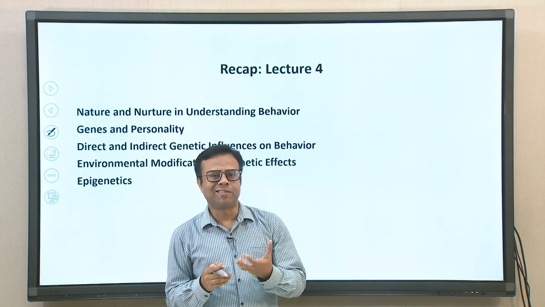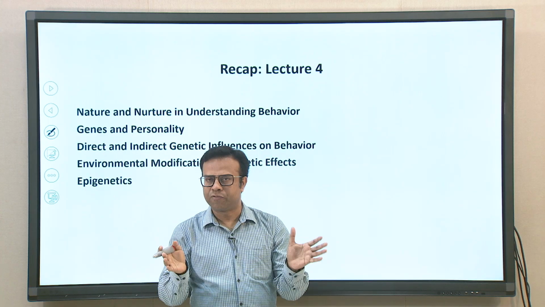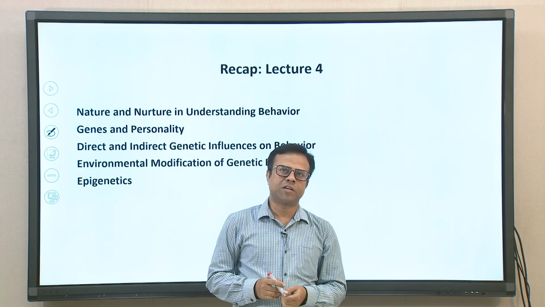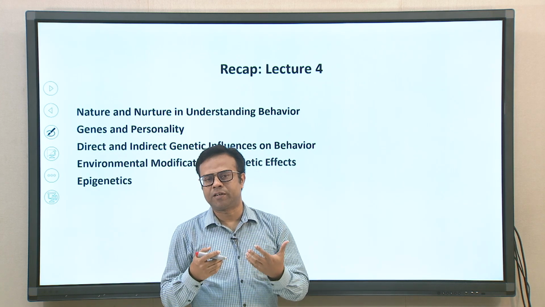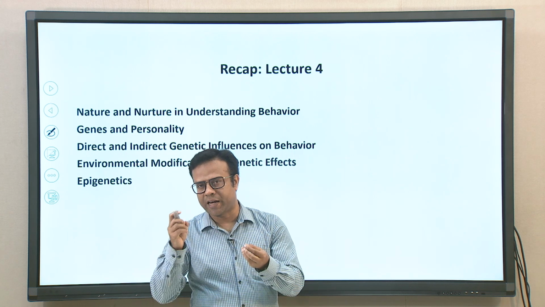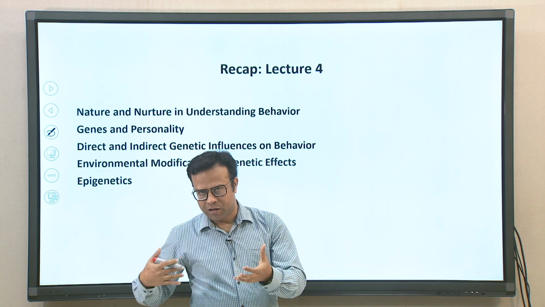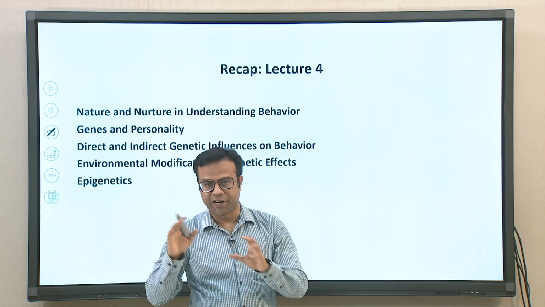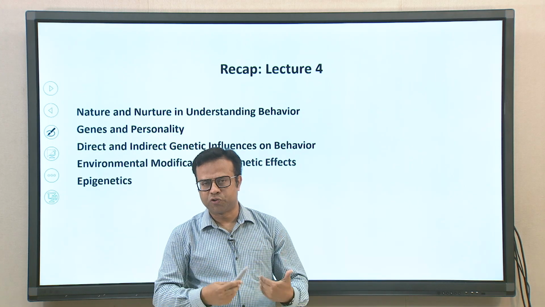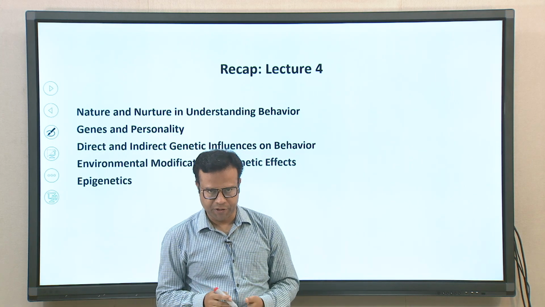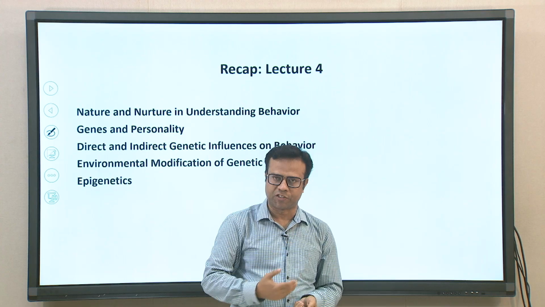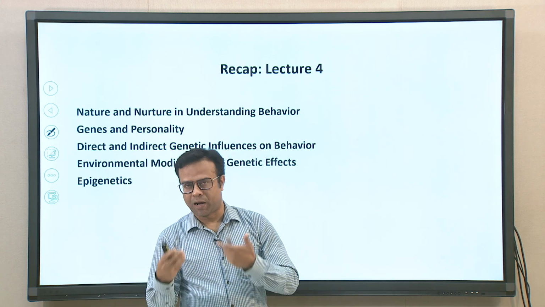We also discussed the direct and indirect genetic influences on behavior, and the possibility that environmental influences can change the expression of genes or genetic effects. In that context, we also discussed the concept of epigenetics.